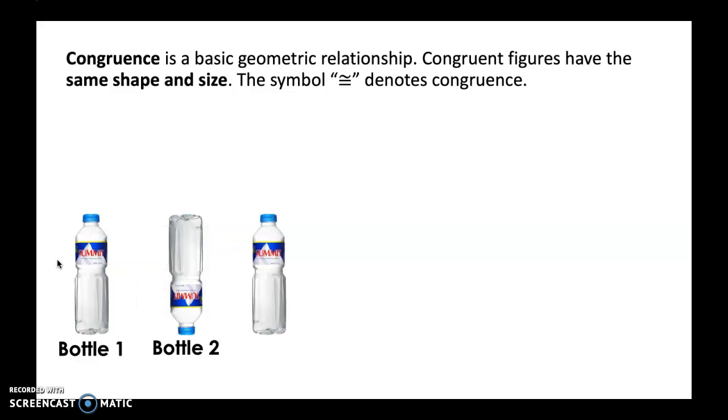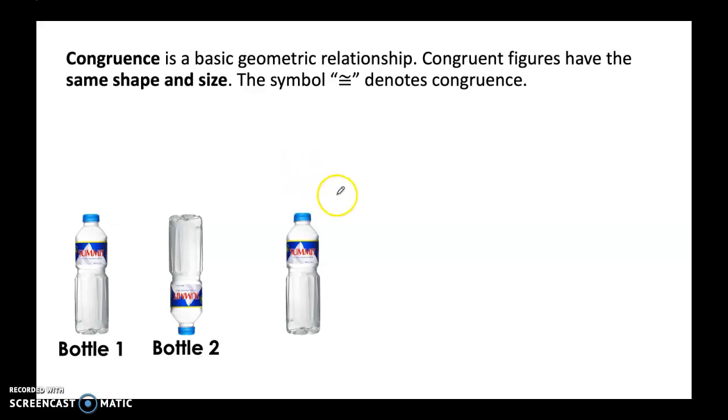So bottle 1 and bottle 2, since both bottles perfectly fit to each other, we can say that bottle 1 is congruent, the symbol for congruence, to bottle 2.